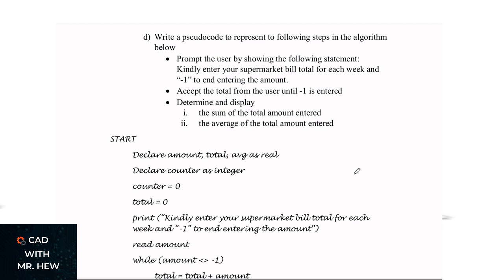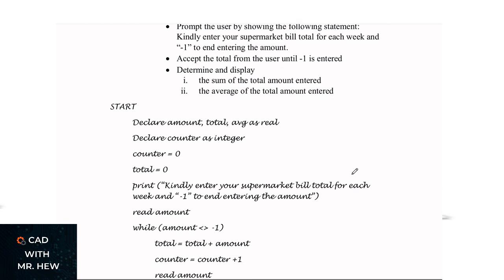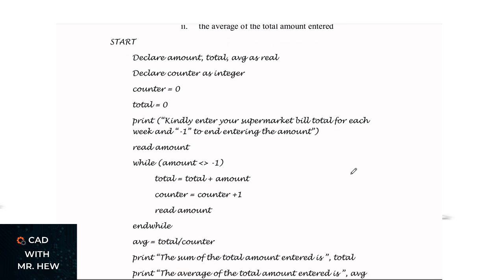And here we have the pseudocode. So we have start, declare amount, total, average as real. Declare counter as integer. Counter is equal to 0. Total is equal to 0.